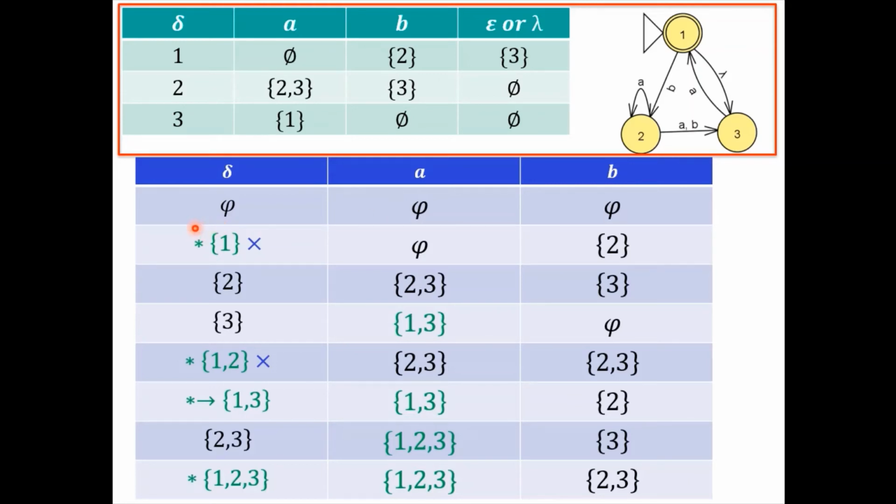Next, for the state 1 on input letter A, again we do not have any transition for input letter A in the provided NFA as state 1, so we would be pointing this transition towards the phi state as well.